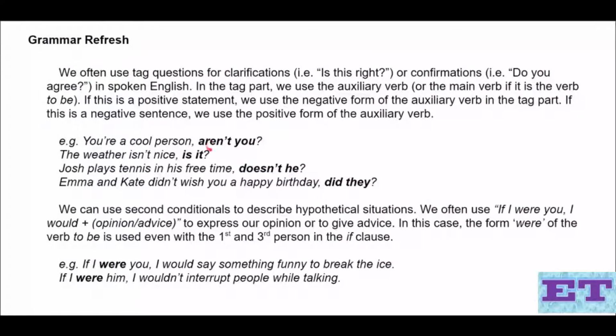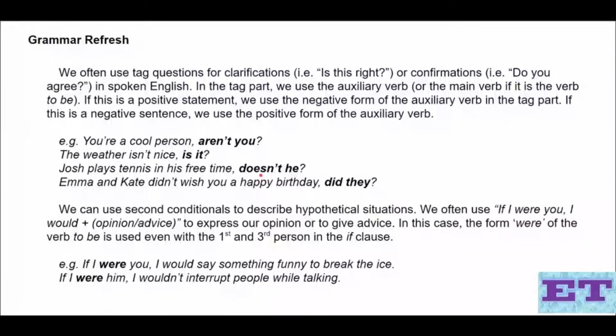And if you're wondering why here we are using to be, is and are, but here we use does, it's because it's based off of our sentence. You are a cool person, or he is a cool person, we use the verb to be, so our tag question uses to be. To play tennis is an action, right? It's something you do. So, doesn't he?